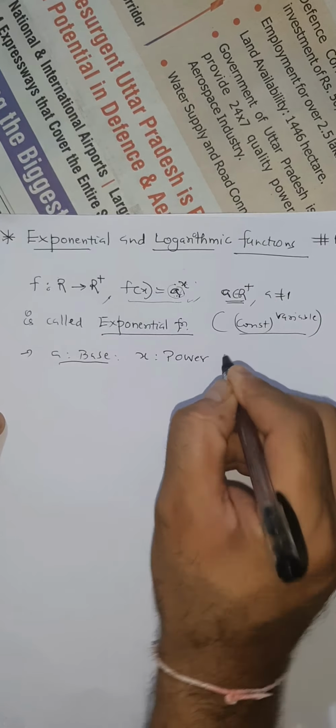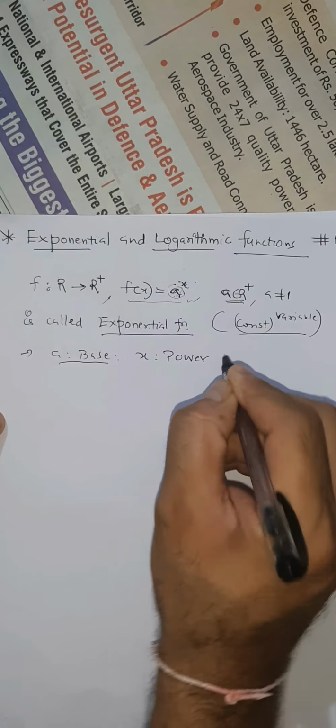Now for any exponential function, whether it is 2 raised to x, 3 raised to x or 10 raised to x, for every x belonging to R, the range of the function, chapter number 1, would always be positive real numbers only.